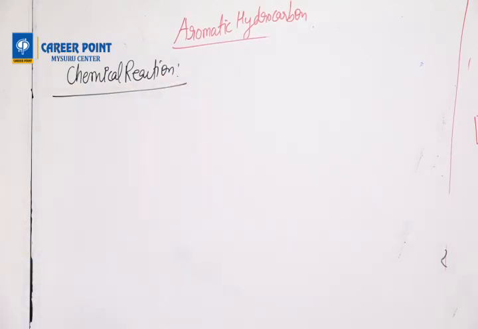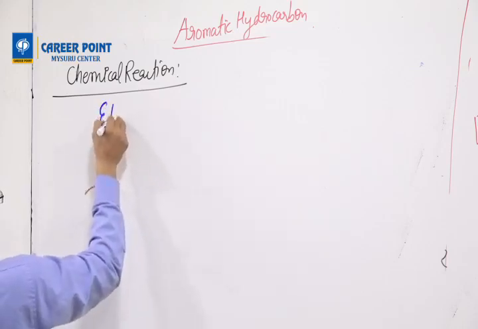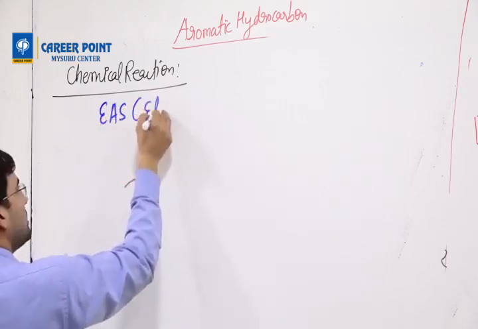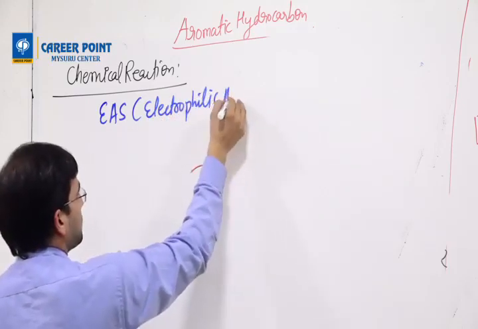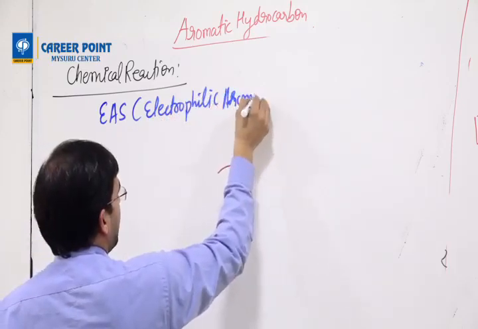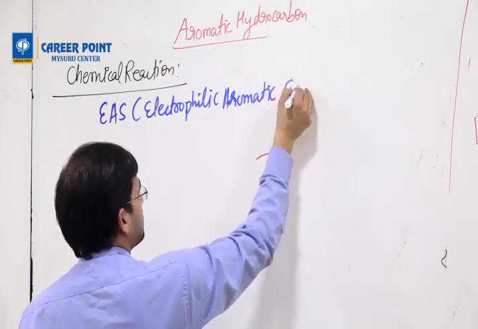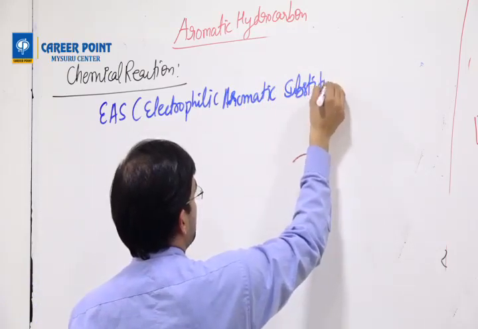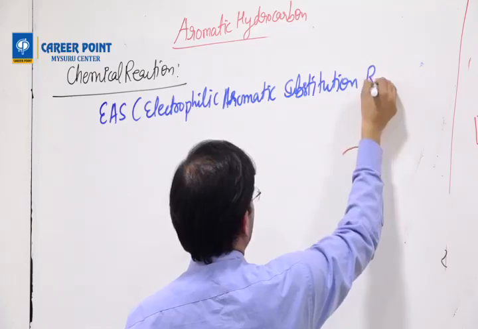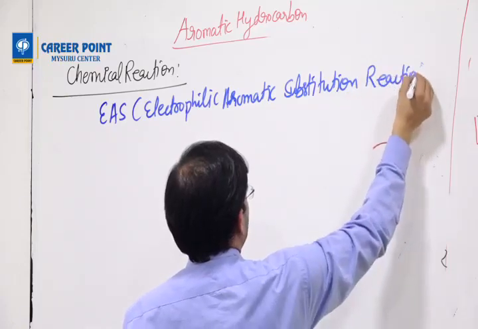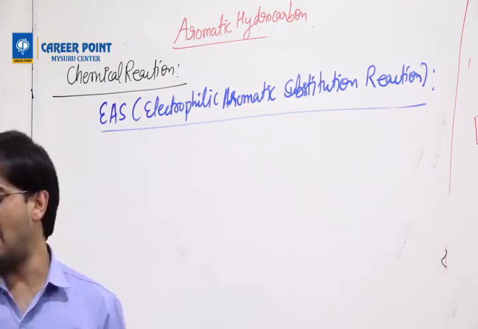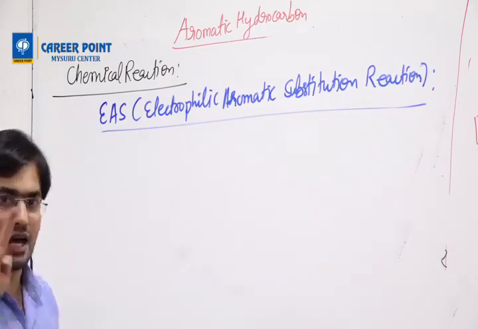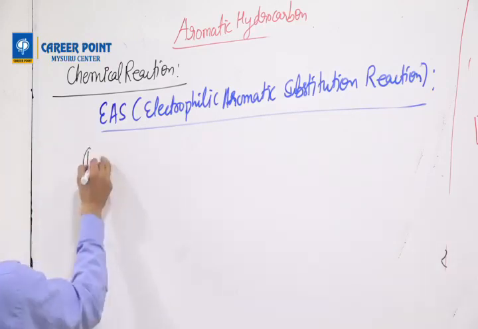In chemical reaction we have EAS, that is known as electrophilic aromatic substitution reaction. These are the most important reactions of aromatic hydrocarbon, and there are 4 only.